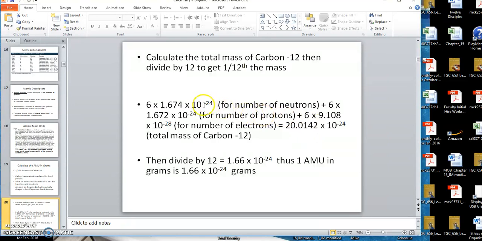So the complete atomic mass of carbon would be 6 times the mass of neutrons in grams, plus 6 times the protons, plus 6 times the electrons. Then if I divide all of that by 12, because Dalton said 1/12 of the mass of carbon-12, that would equal 1.66 times 10 to the minus 24th as being the size of 1 AMU.